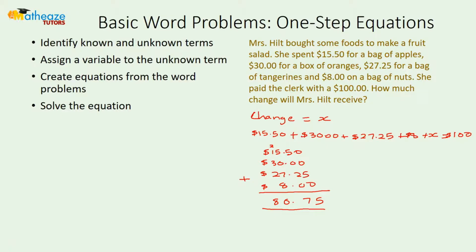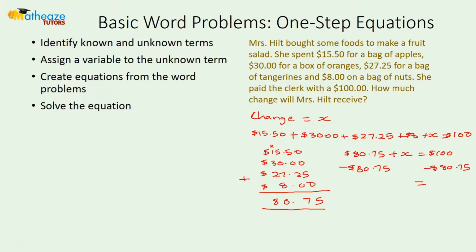So we now have $80.75 plus x equal to $100. So we're going to subtract $80.75 from both sides.